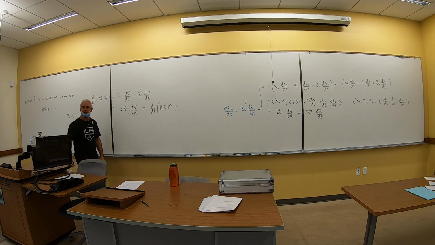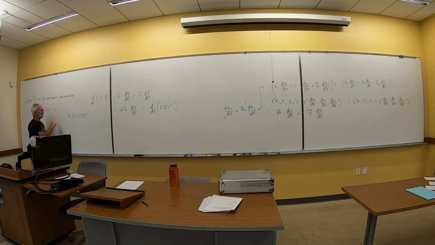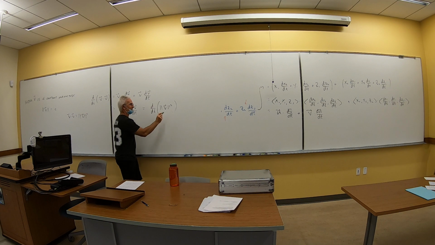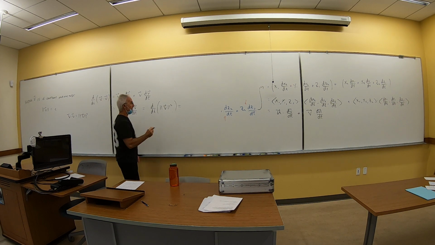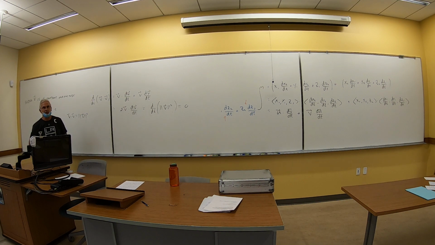Okay, so what's the big deal? What did I start by assuming? I started by assuming the magnitude was constant. Oh, is that important? Kind of. What does that mean this is equal to? 0, because I'm differentiating a constant. Is this important? Yeah.